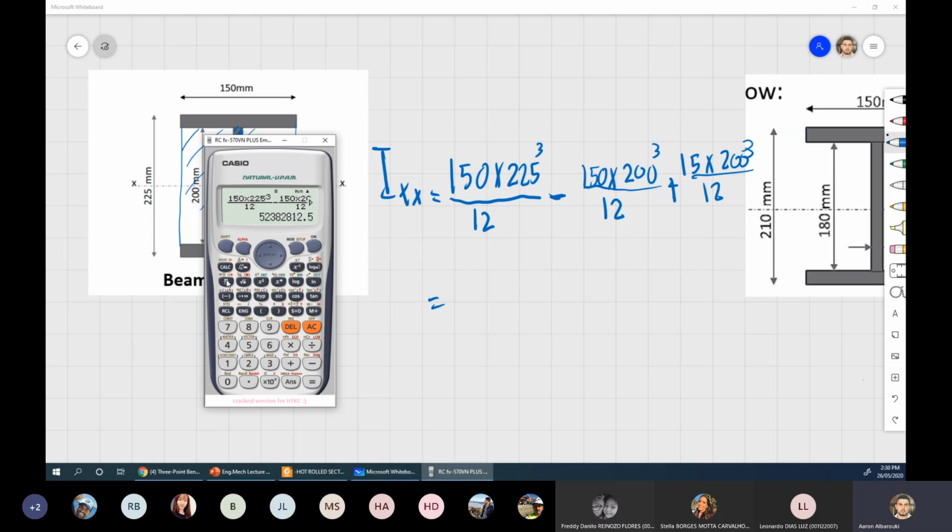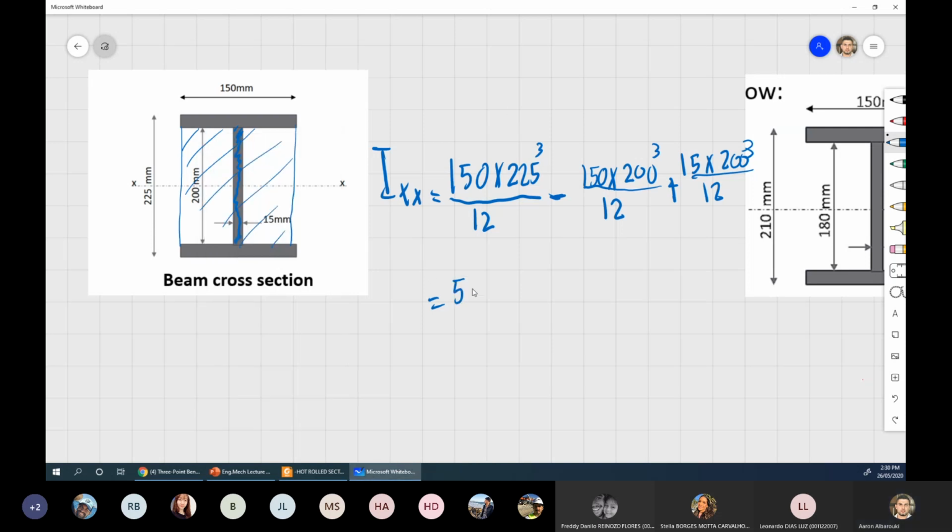Is that what you guys got? So 52.4 times 10 to the power of 6 millimeters to the power of 4. Roughly about that. All good? So this is another way.